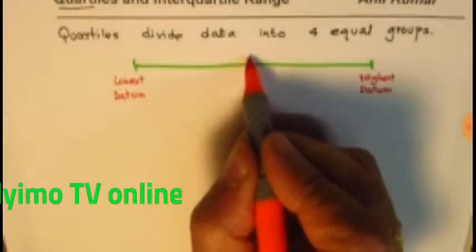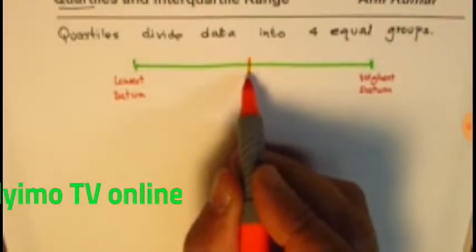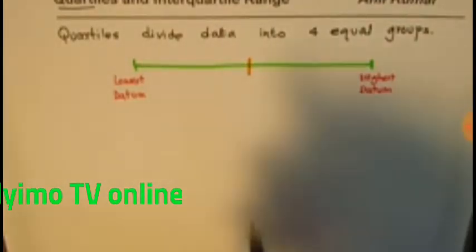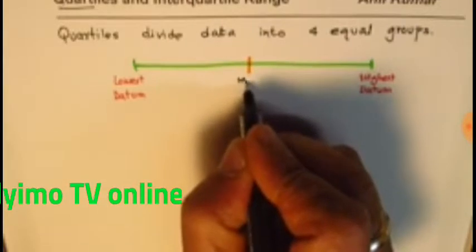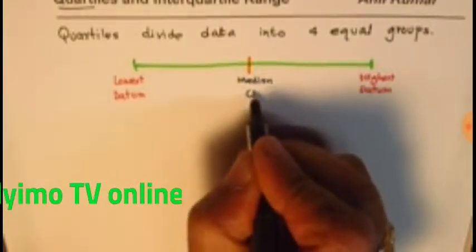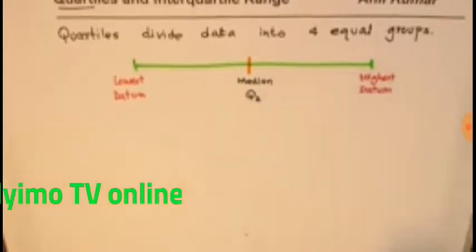That means just the center. So that is also called the median, which you know, the center value. We call this the second quartile, Q2.